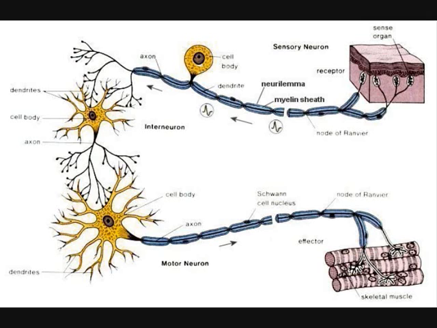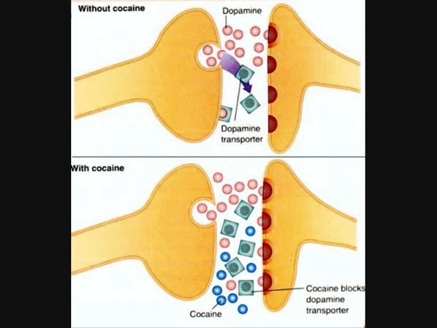And there is a long axon connected to the sensory organ or the motor organ, as the case may be, and this has some nodes of Ranvier. And these cells are the Schwann cells, which have a sheath around them called the myelin sheath, and there is a Schwann cell nucleus at the periphery. This is the structure of a neuron.